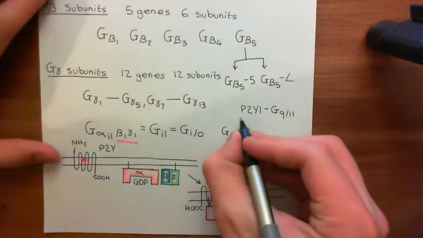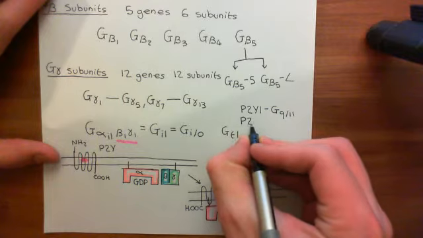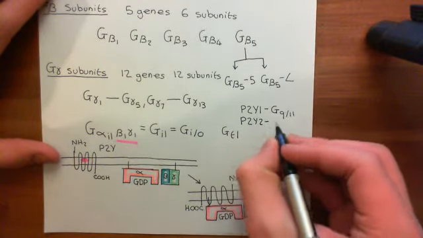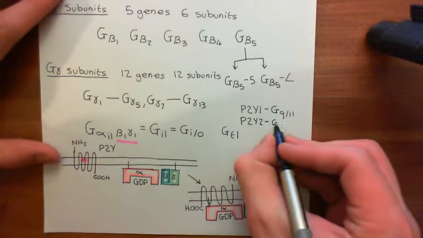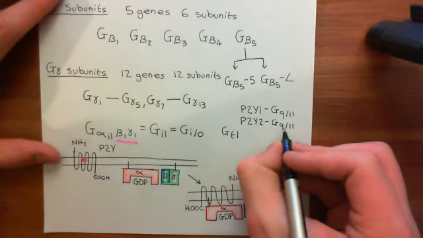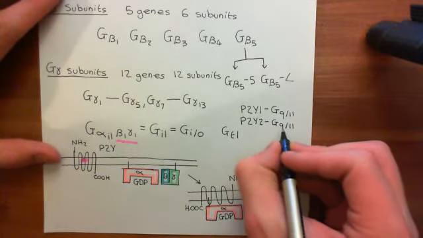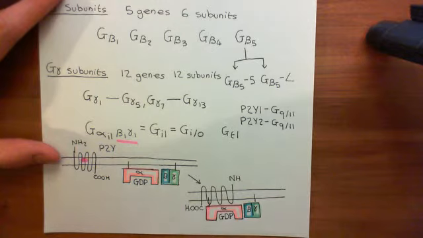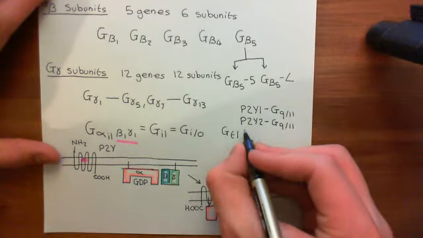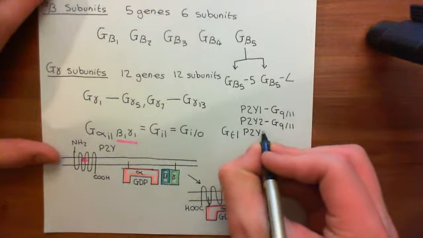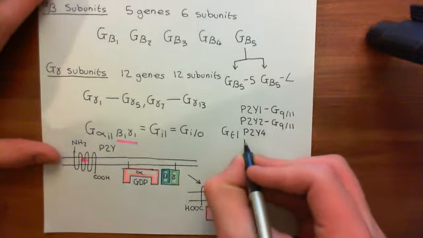Okay, right. Now let's talk about the P2Y2 receptor. This also likes to interact with GQ/11 heterotrimeric G proteins. So it likes to bind to heterotrimeric G proteins where the alpha subunit is within this family of G alpha Q/11. Now the same is true for P2Y4 and P2Y6.